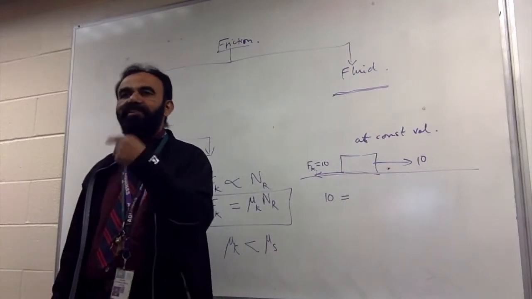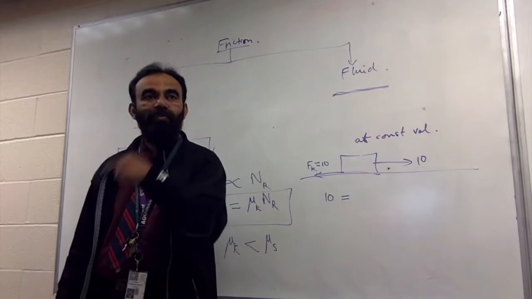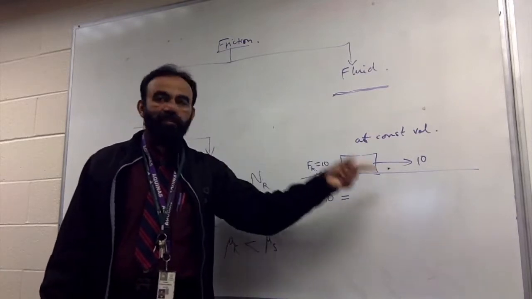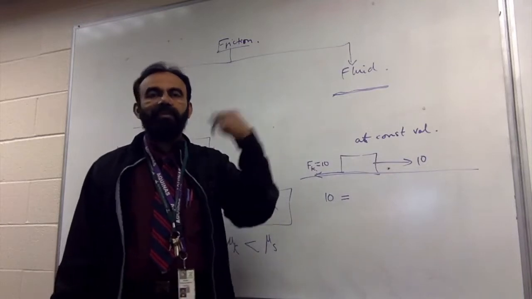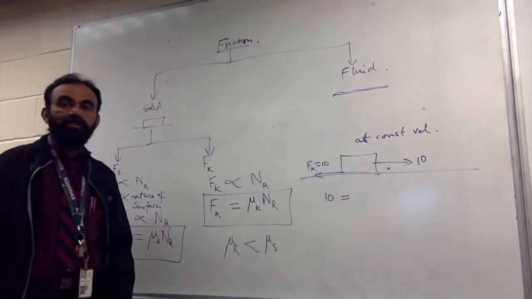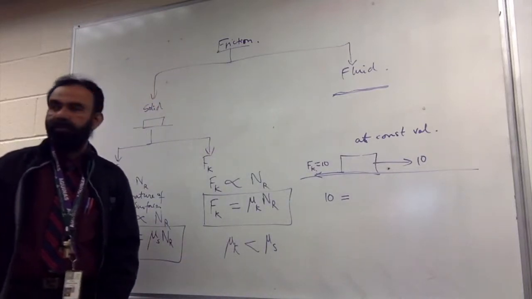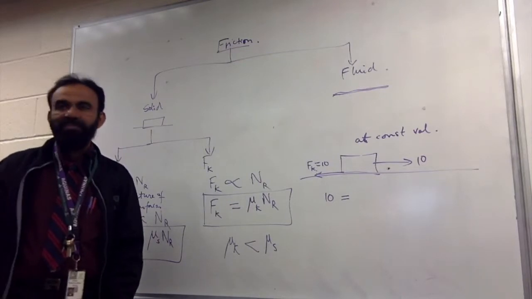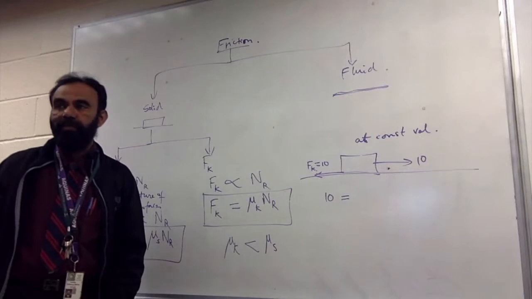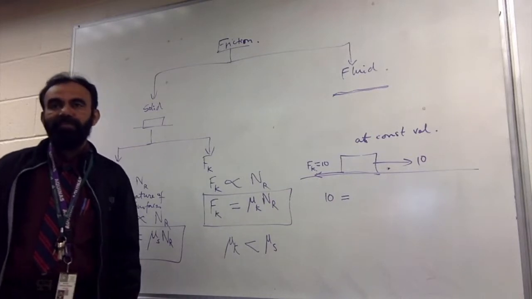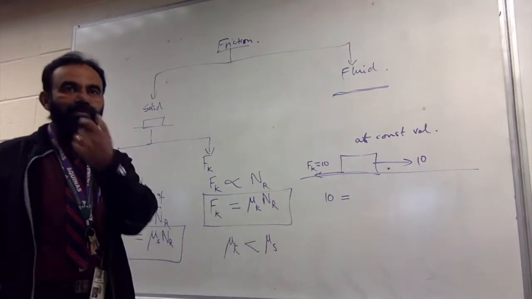It means there is definitely something opposing it, and that opposing force must be the same as the applied force. So that conclusion that you come to during problem solving is a very important thing. All right? It's just not F is equal to ma. The whole chapter is based on F is equal to ma ultimately. But how you apply it is important. How you pick up clues is important.